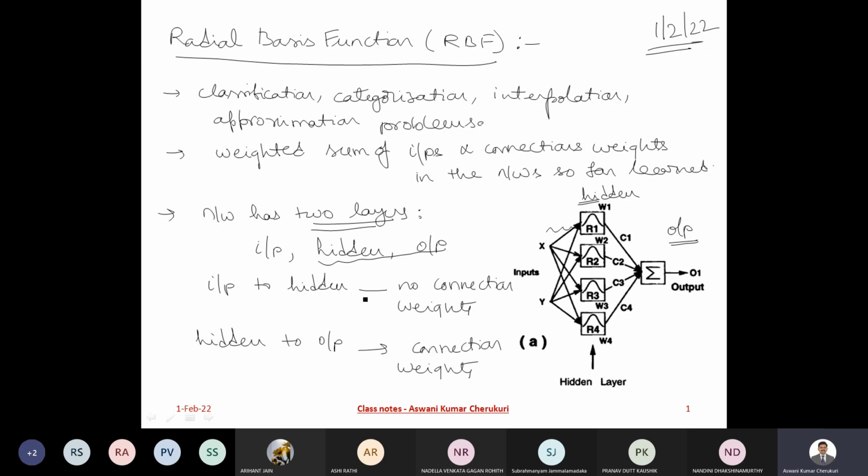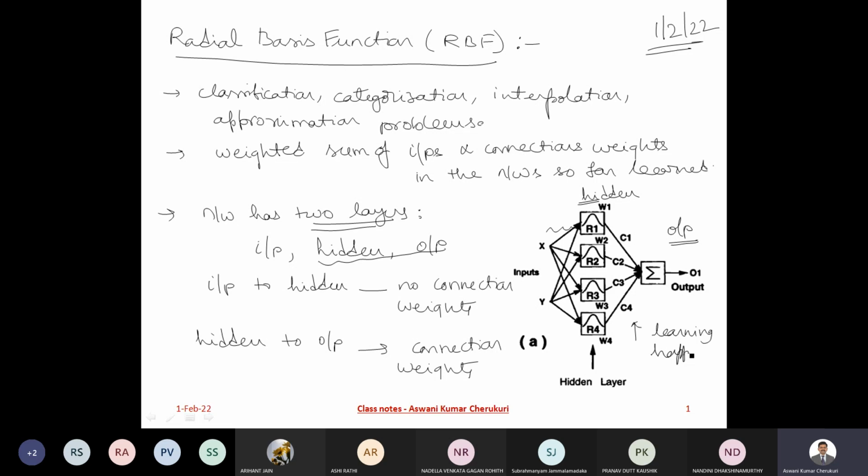From input to hidden layer, you have just activation moving. Whatever input you present, say 0, 1, because it is a two-input feature vector, it just goes to the hidden nodes. There are no connection weights. Similarly, when there is learning, again I repeat, the learning actually happens here.